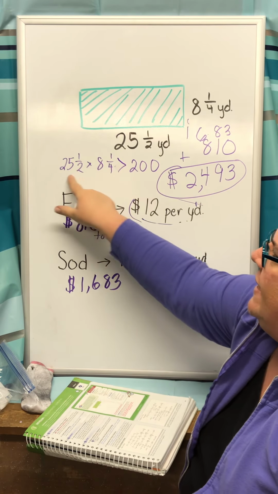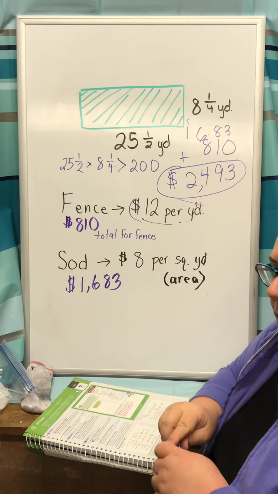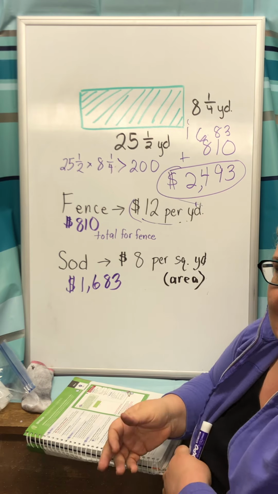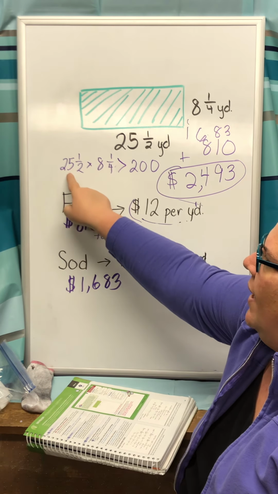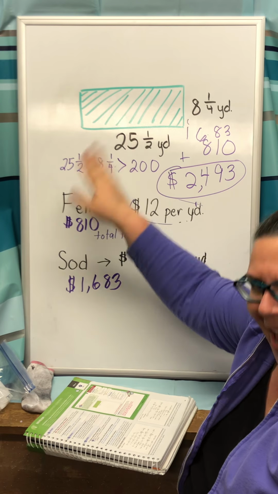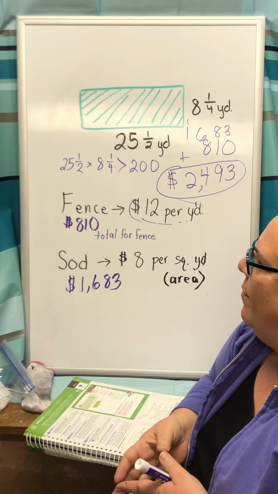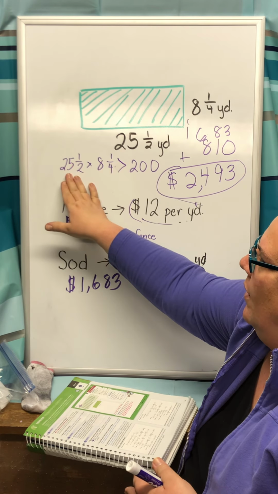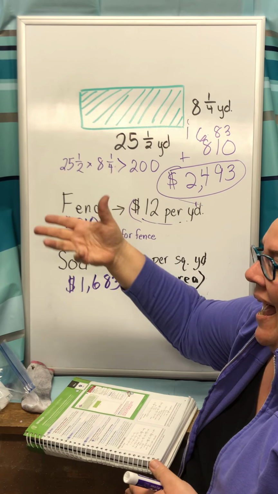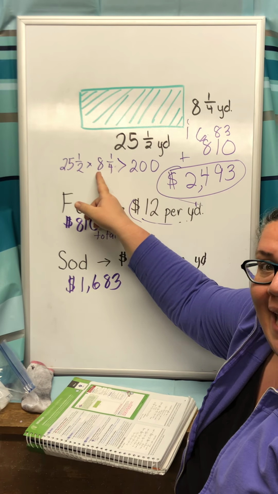I know that this is going to be greater than 200 because if you think about those comparisons that we did in the last lesson, I'm multiplying 25 and some fraction times 8 and some fraction. So if I just focused on the whole numbers, how many square yards would I have if I did 25 times 8?